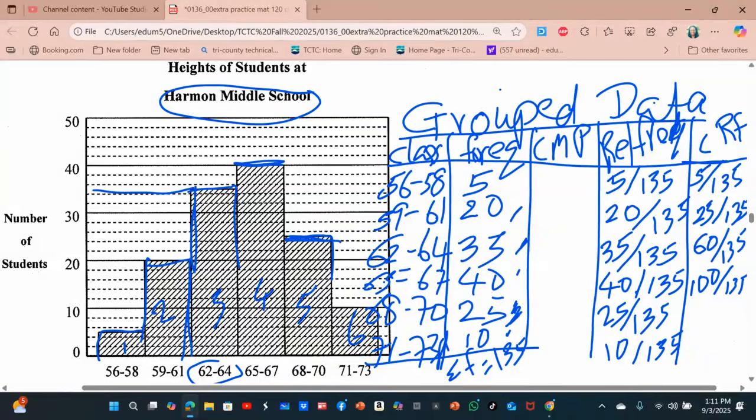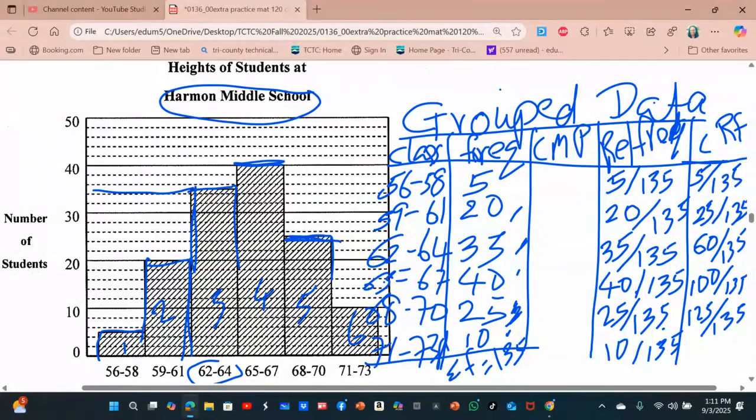What is the cumulative relative frequency of the fifth class? 25 plus 100. So that is 125 over 135. What is the cumulative relative frequency of the last class?